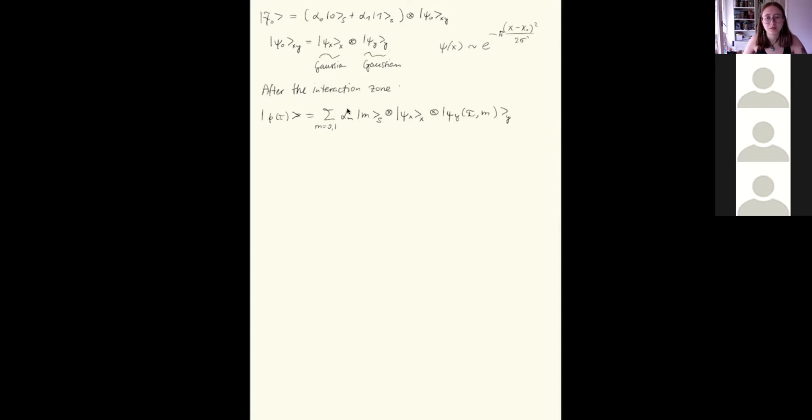But the spin and also the wave function in the y direction are going to get entangled. So the term that you'll have here will also be a Gaussian, but it will also depend on M, which here corresponds to the spin projection.